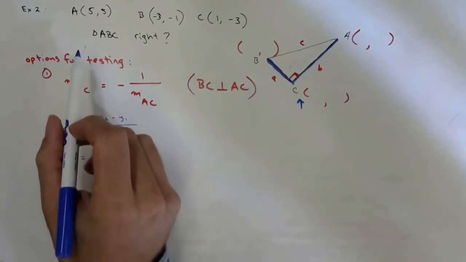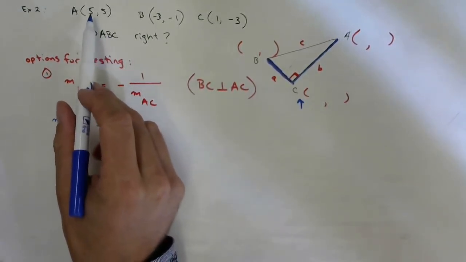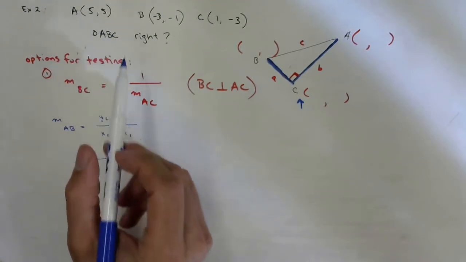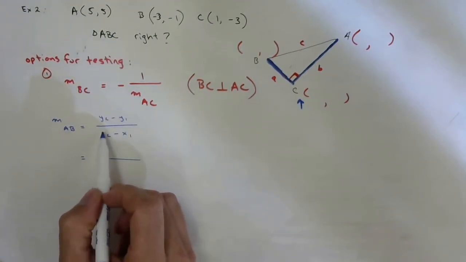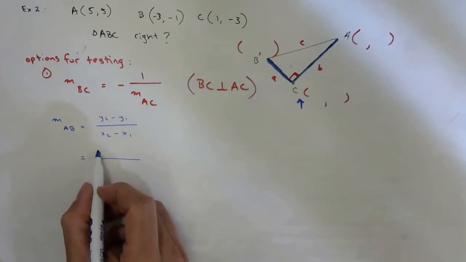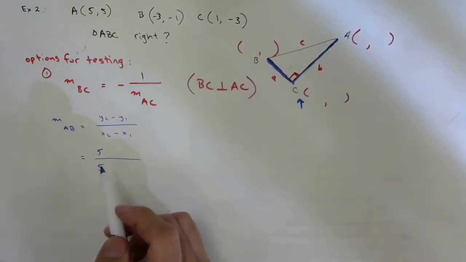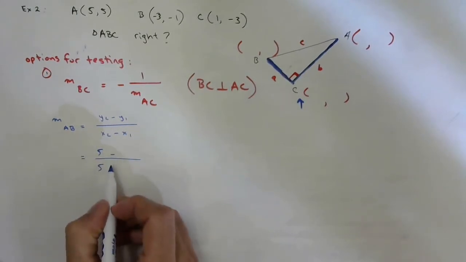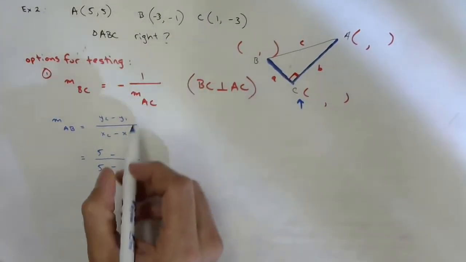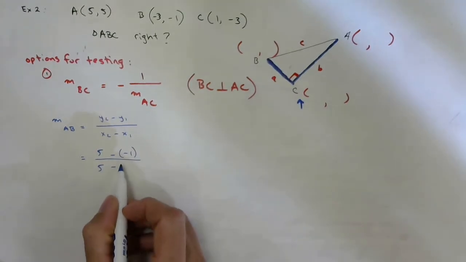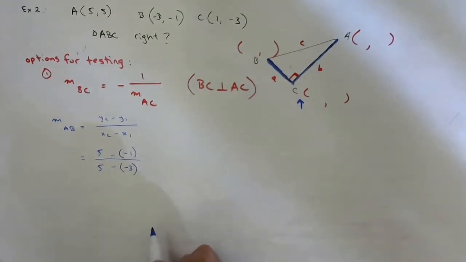I'm going to go with A as my x2, y2. So I've got a 5 in the top and a 5 in the bottom. Y is 5 and x is 5. And then I've got B. I'm going to subtract -1 in the top, and subtract -3 in the bottom.